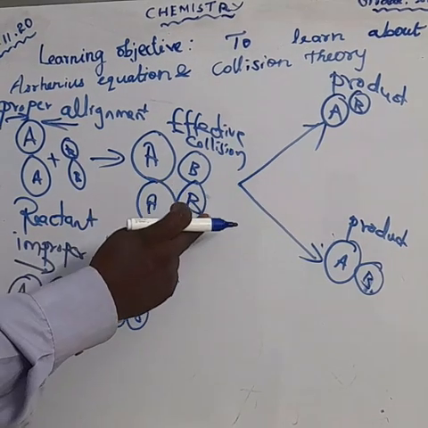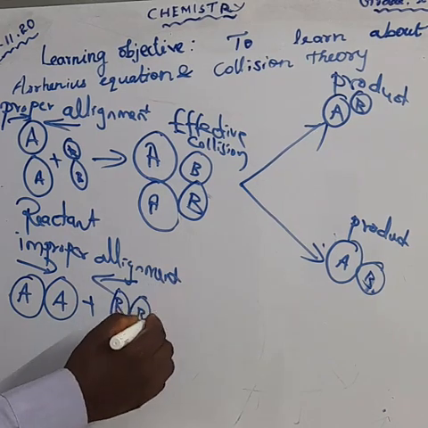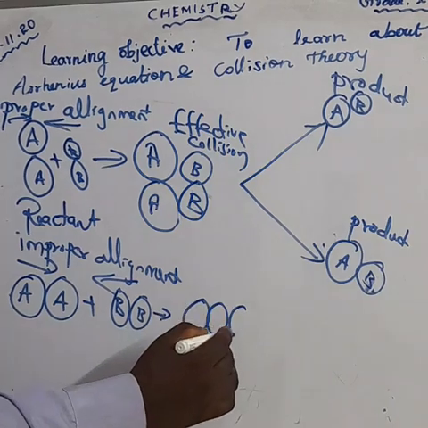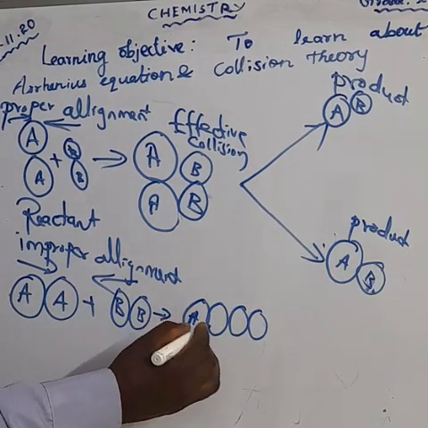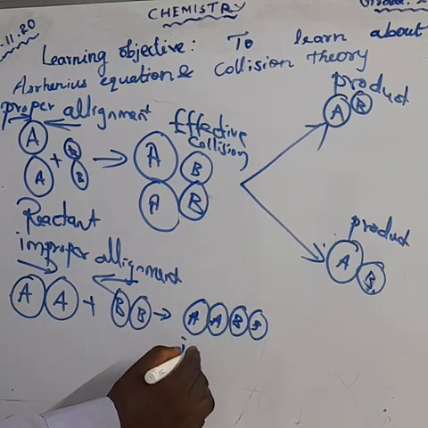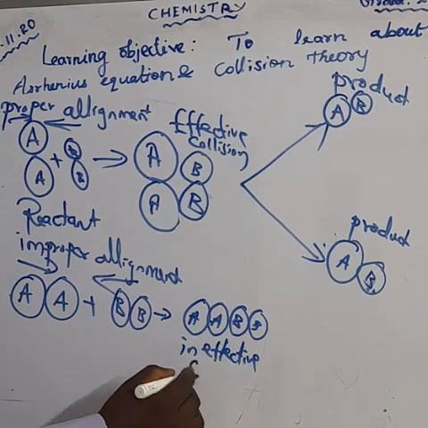Here, this is an effective collision. This is an ineffective collision. Okay. Like that we get one of the structure like that. That is AABB like that. AABB. Ineffective collision.